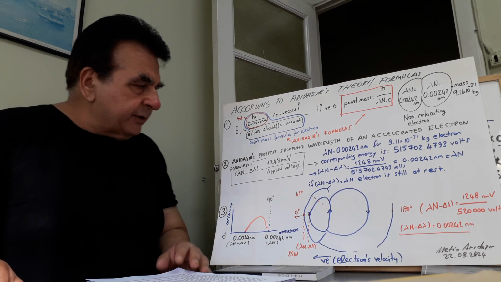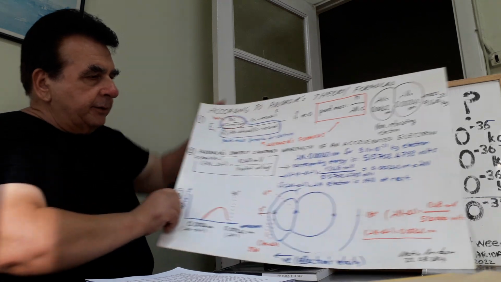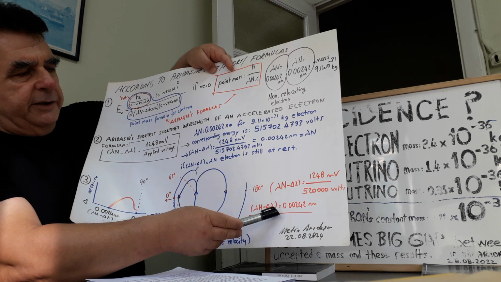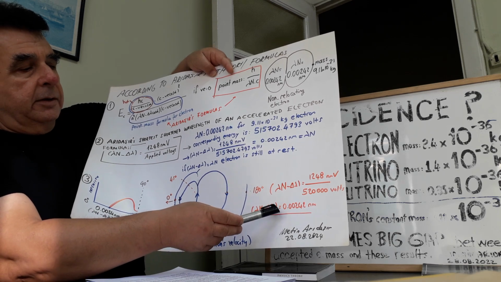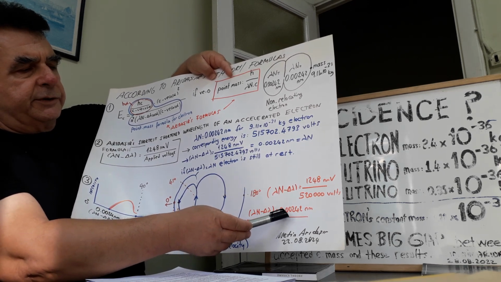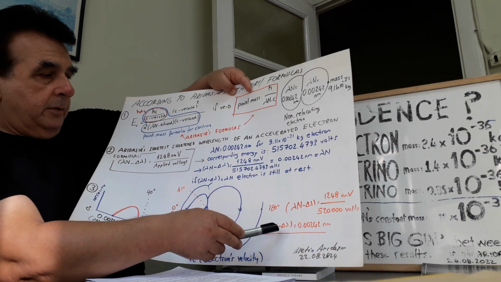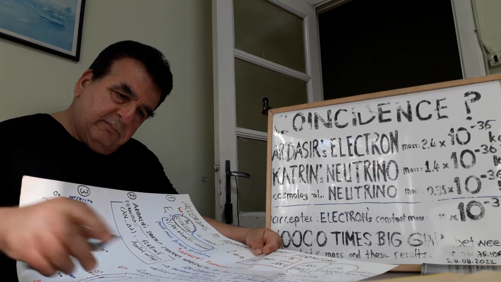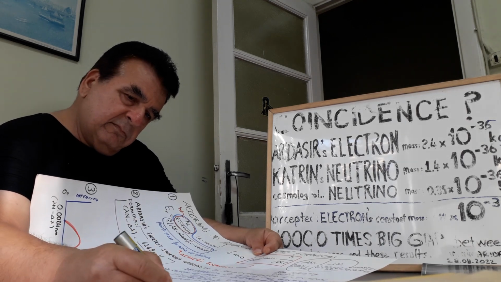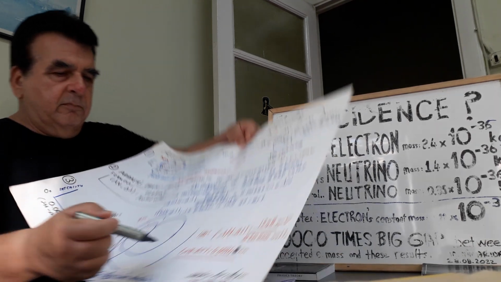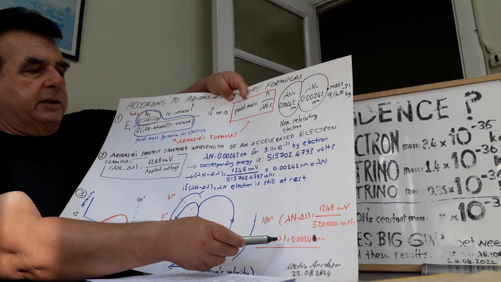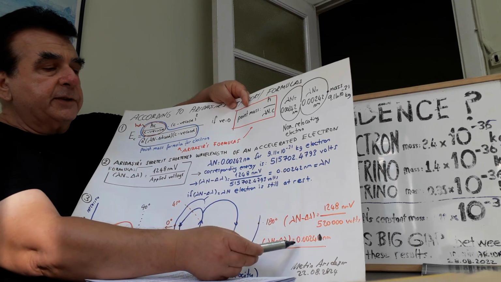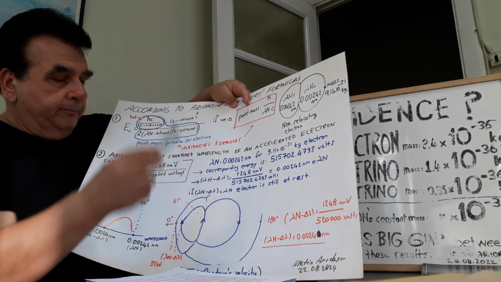When we apply a voltage of, for example, 520,000 volts to this electron, lambda normal minus delta lambda will be 0.0024, not 0.00242.